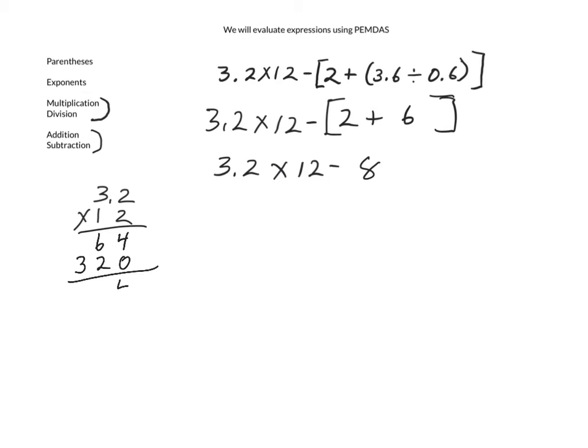We add this up. 4, 6 plus 2 is 8, 3. And since our decimal point goes in 1 here, it goes here. So we have 38 and 4/10. And that's going to equal 30 and 4/10. So that's our answer.